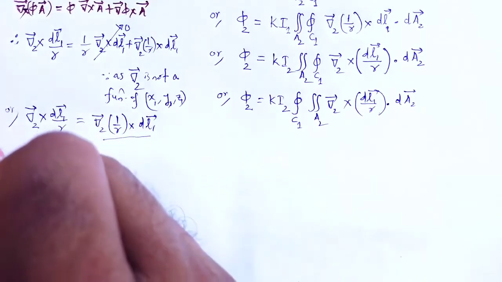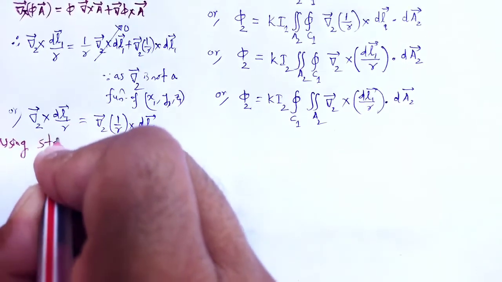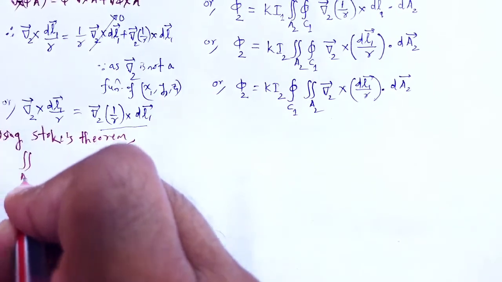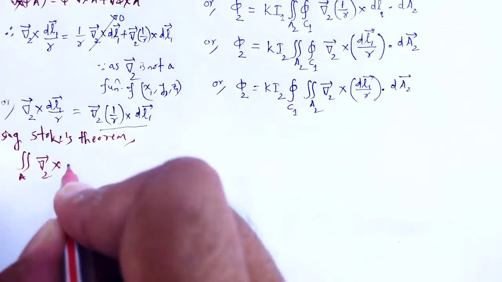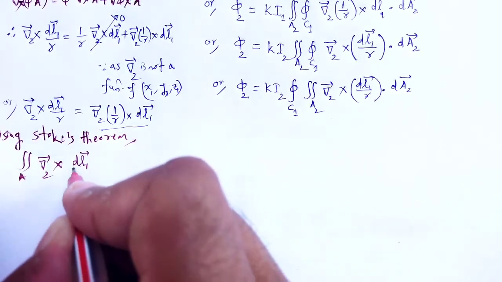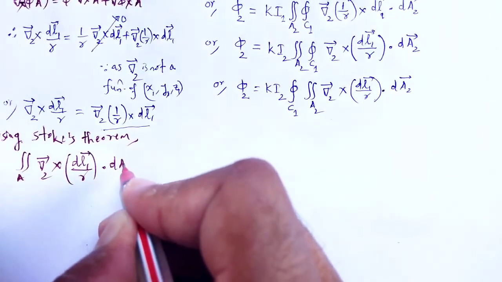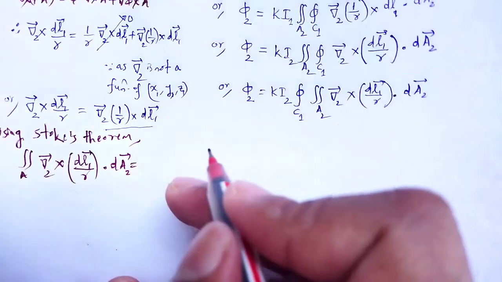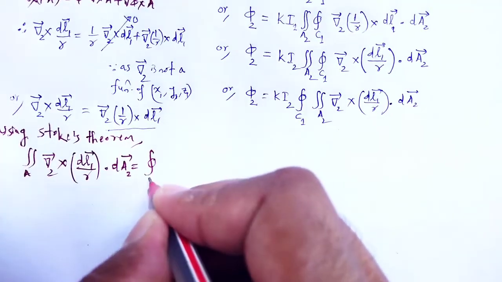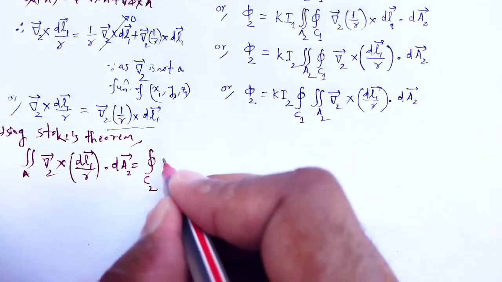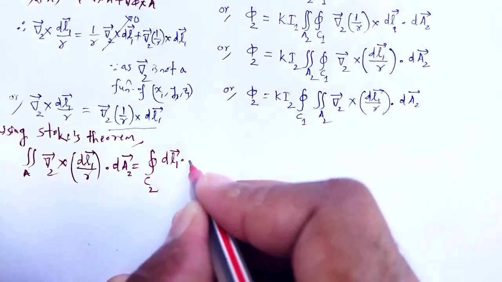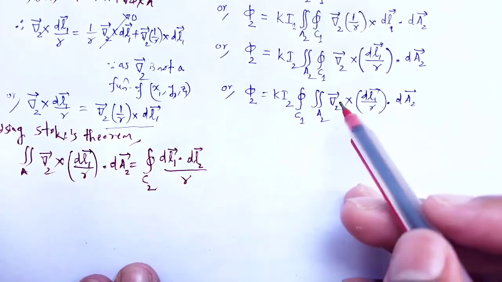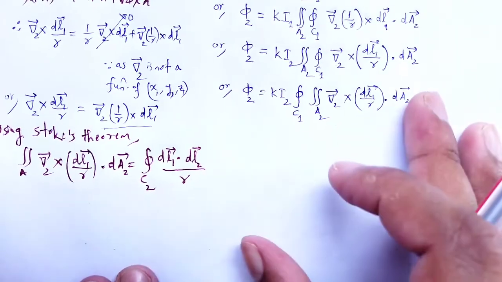So, using Stokes theorem, the area integral A of grad 2 cross dl1 by R dot d a2, that is the surface integral, is changed to line integral over the closed circuit C2, dl1 dot dl2 divided by R. Using the Stokes theorem here, the surface integral is converted to line integral.